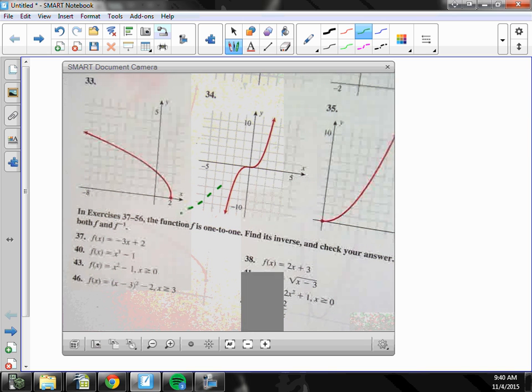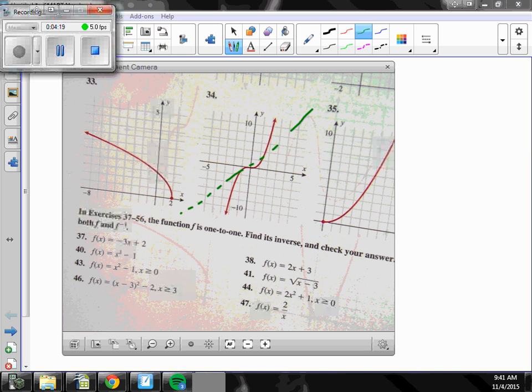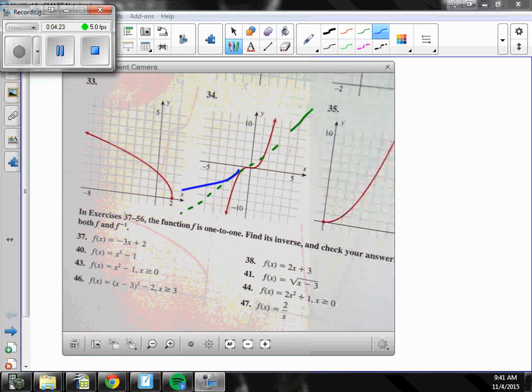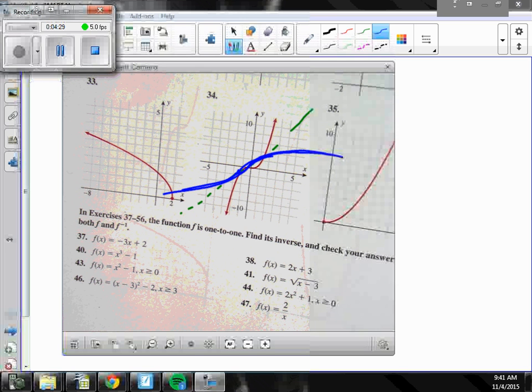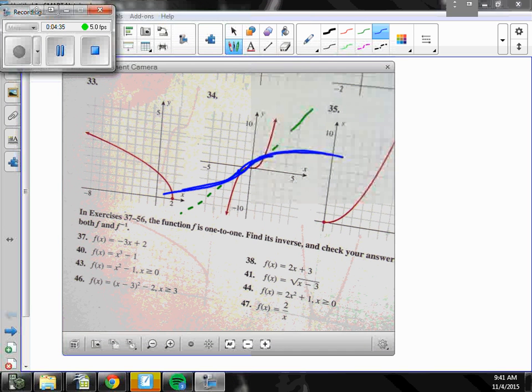You need to draw that reflection line. So the inverse for that is going to look like this, like that, and like that. Something like that. Pretty simple, right? Okay. Get to work.